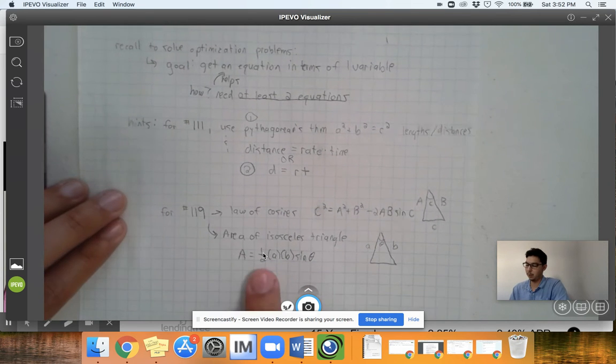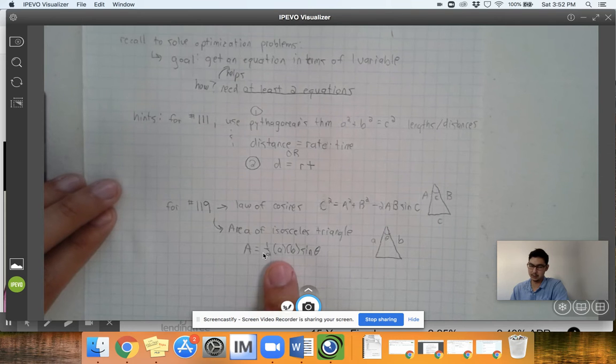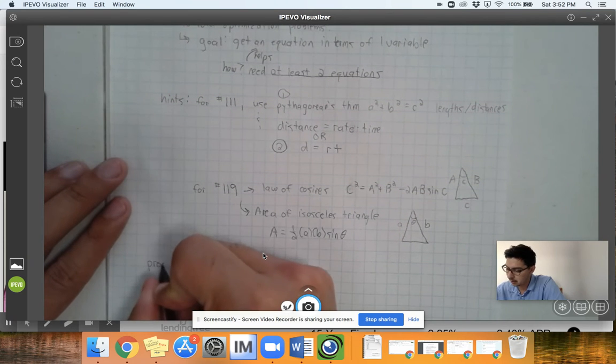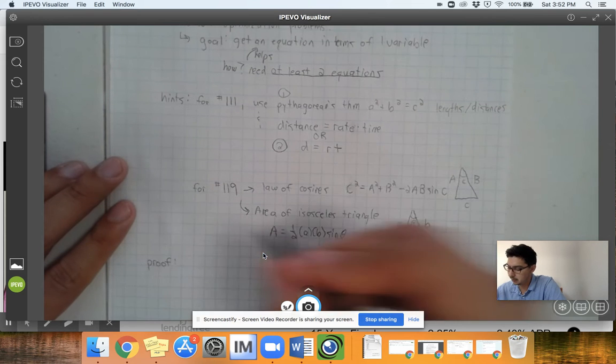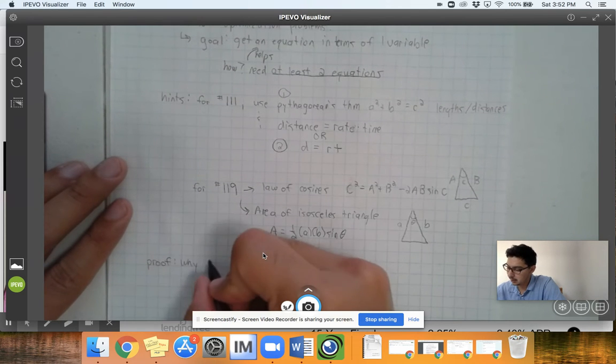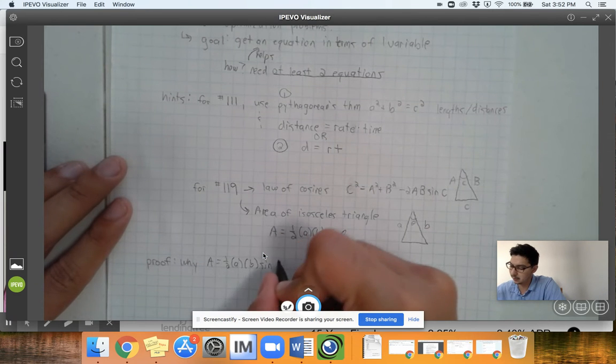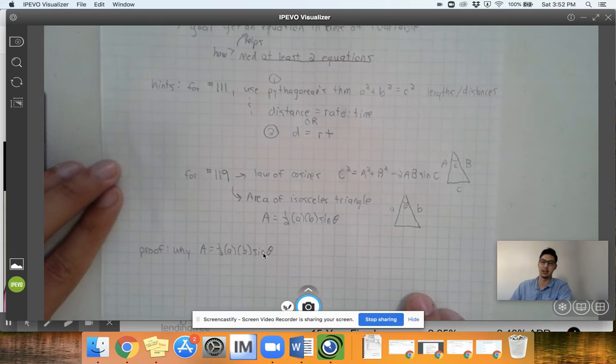Now, if you want to know where this comes from, I'm going to quickly show this. You don't need to know it, but it's for those who are curious. So, a proof of why the area is equal to 1/2 times A times B times sine of theta for an isosceles triangle.